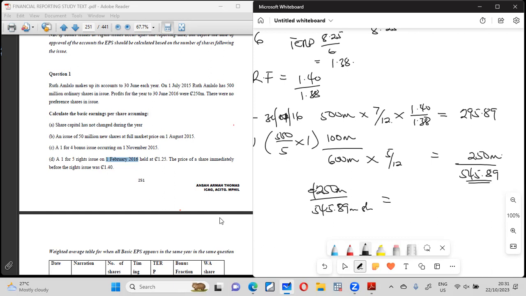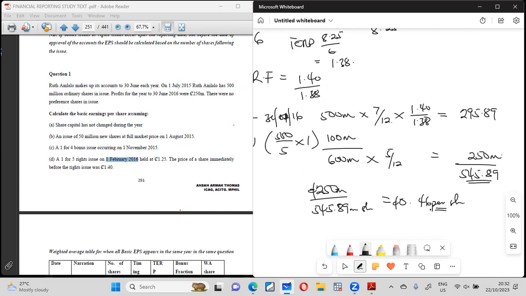With all, especially the bonus, you can restate the comparatives if you want. So this one will give us 250 over this, 0.46 per share.